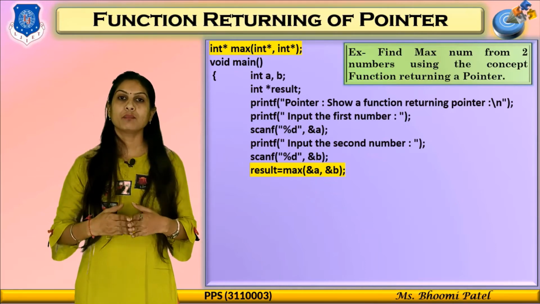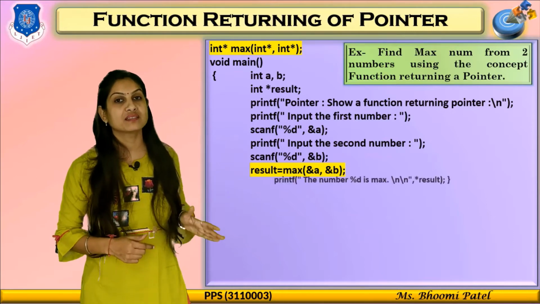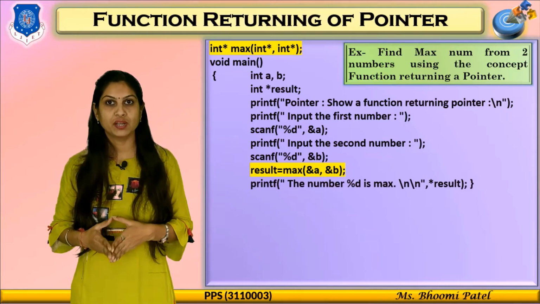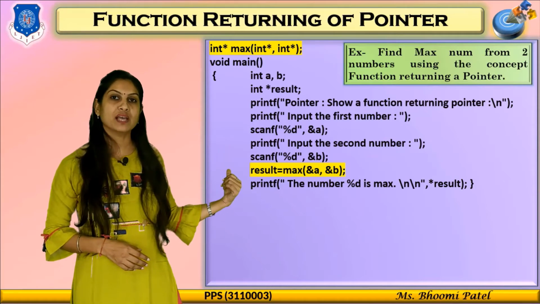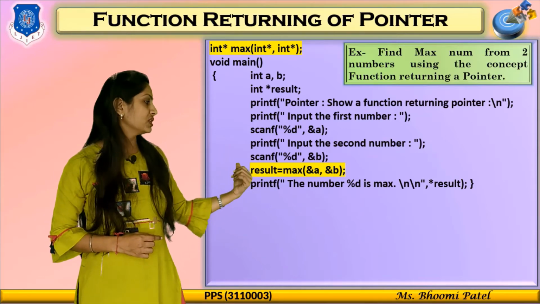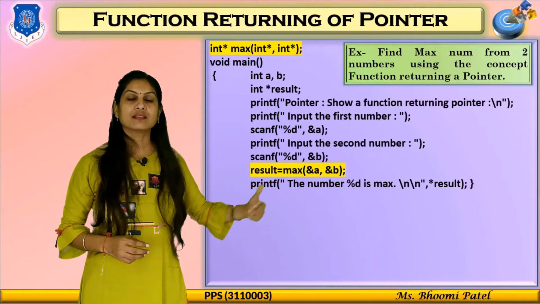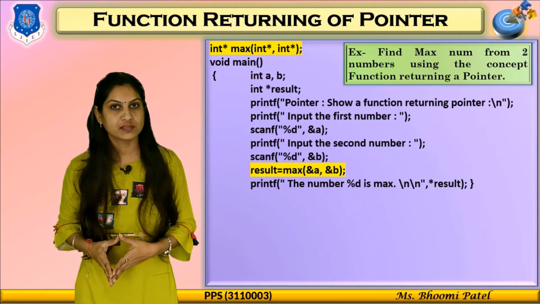So here the address of a and address of b will be passed to our function definition, and then we write the printf message to print the maximum number among these two, using printf, the maximum number %d is, star result.